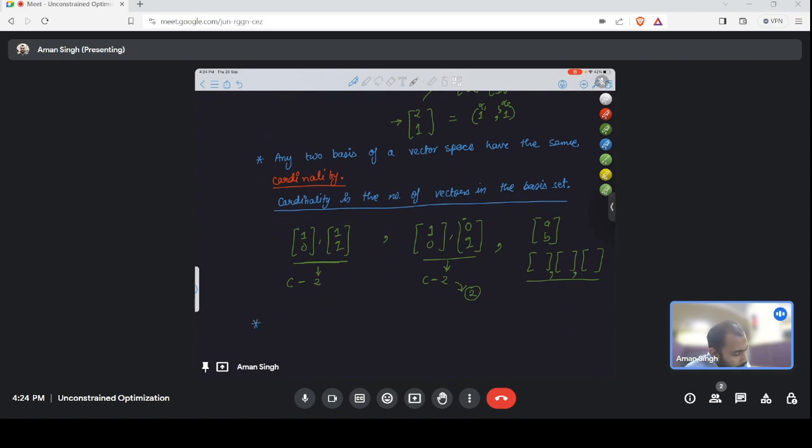Also, the dimension of a vector space S is equal to the cardinality of a basis of S. We saw, which is fairly obvious, that if we have R square, its cardinality is 2.